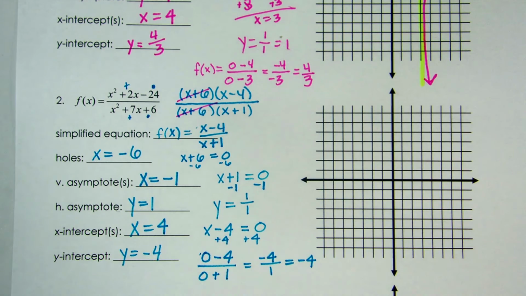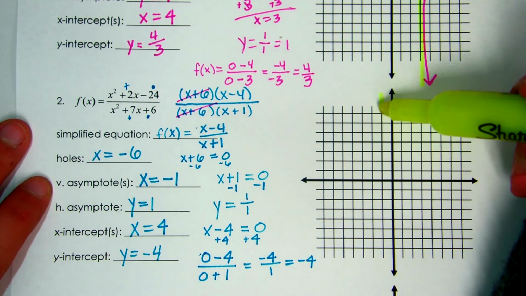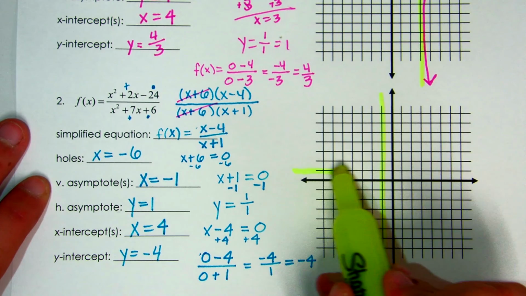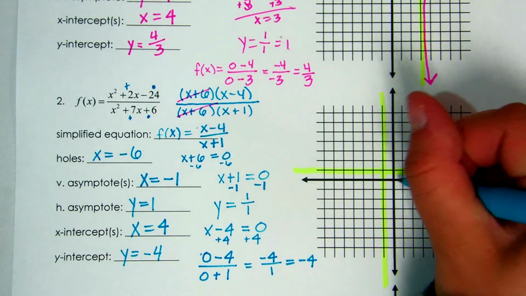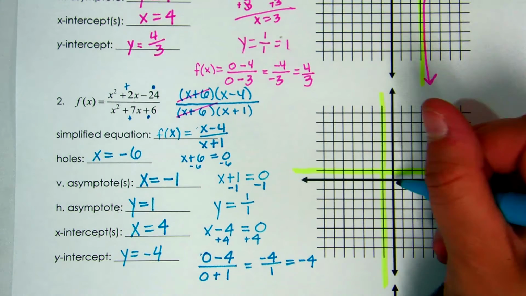Now to graph. First, vertical asymptote at negative 1, horizontal at positive 1, x-intercept at positive 4, 1, 2, 3, 4, and y-intercept at negative 4.